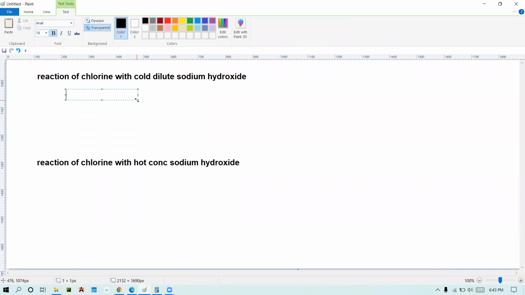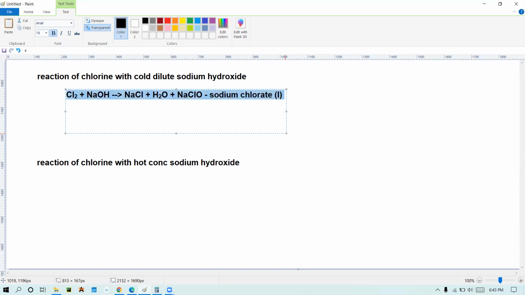If the sodium hydroxide is cool and dilute, then we have a reaction between chlorine and sodium hydroxide, producing sodium chloride. Plus what is formed. In addition, we have NaClO. This is sodium chlorate 1.